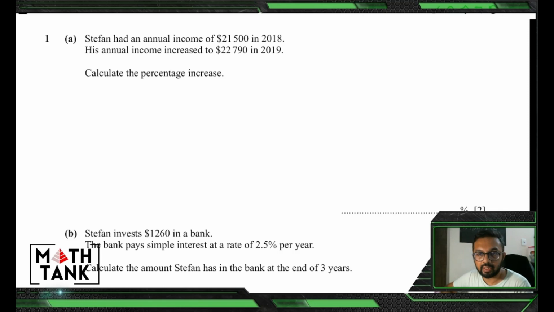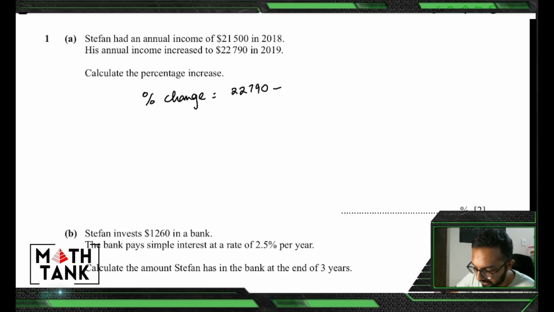It says Stefan had an annual income of 21500. His annual income increased to this. Calculate the percentage increase. So the percentage change is basically final minus original over the original multiplied by 100.